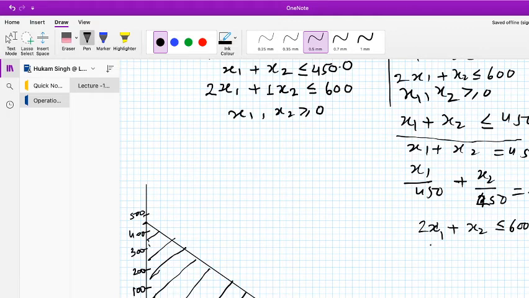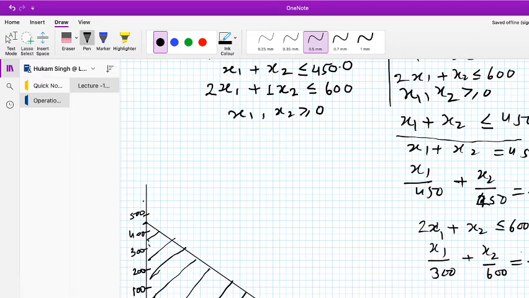So this is going to be x1 over 300 plus x2 over 600 equals 1. It means the intercept on the x-axis is 300 and the intercept on the y-axis is 600.